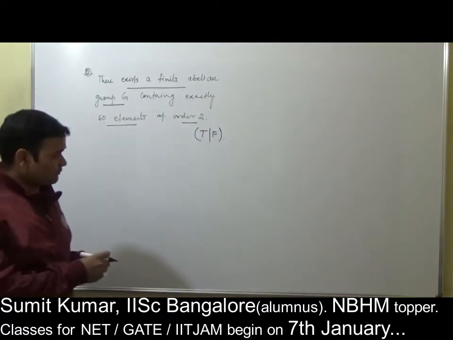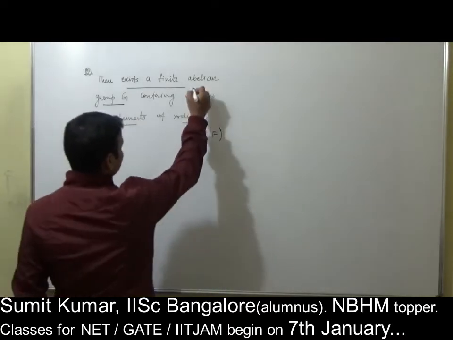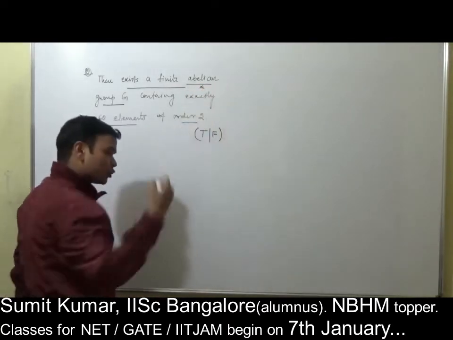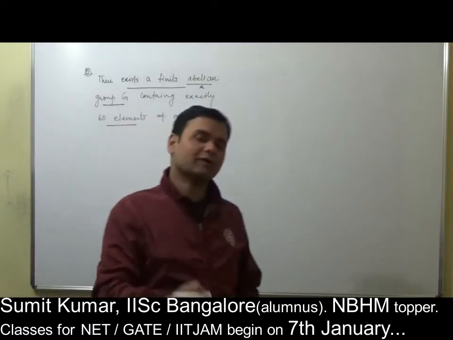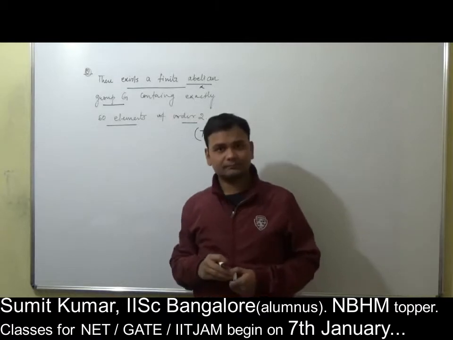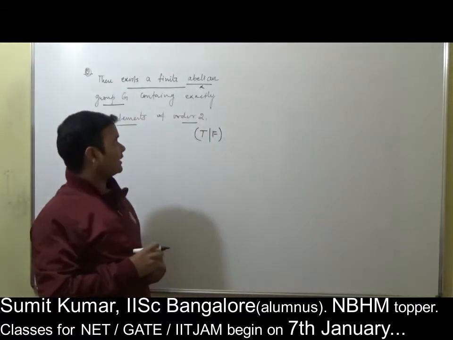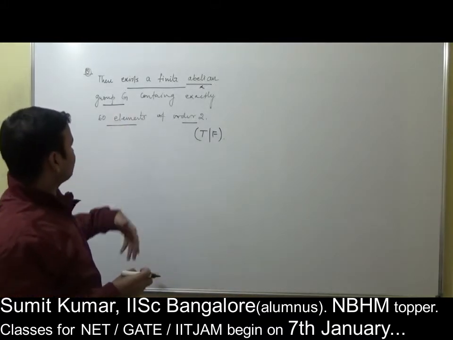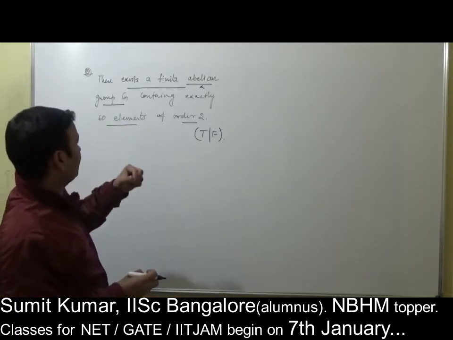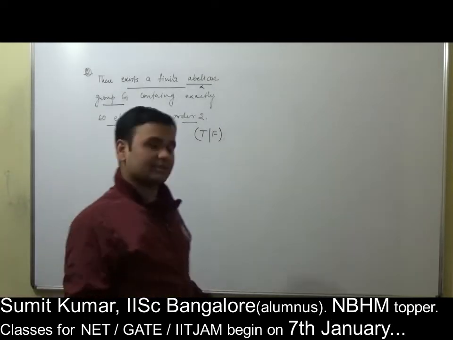Today I am going to do something more general. I will not consider only abelian groups. My question is, can you find a finite group such that the number of elements of order 2 is exactly 60?